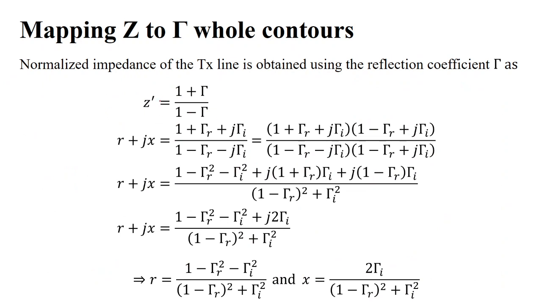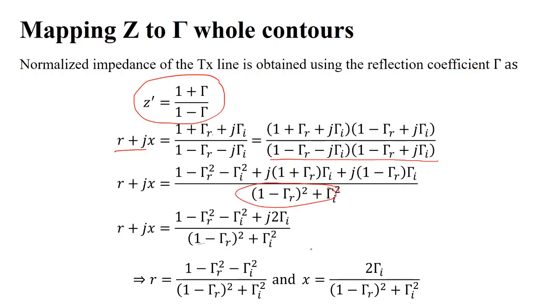I have rearranged. So we know that Z is given by (1 plus gamma) over (1 minus gamma), and you open this as R plus jX. You open the real part and imaginary part, and you rearrange this to make the denominator real. Just multiply with the conjugate, and all the points will become real.